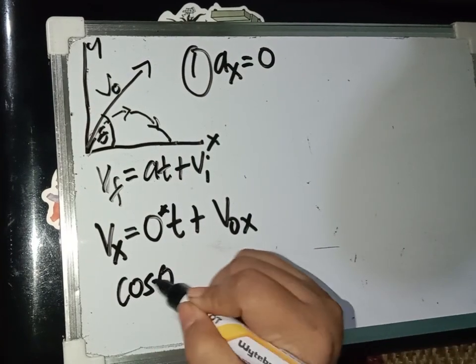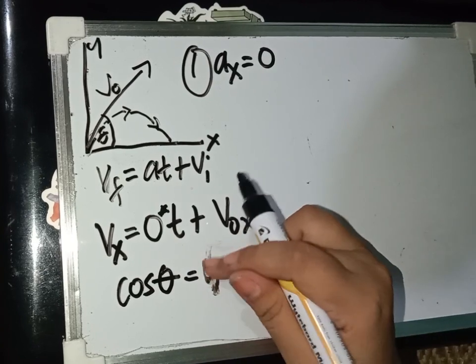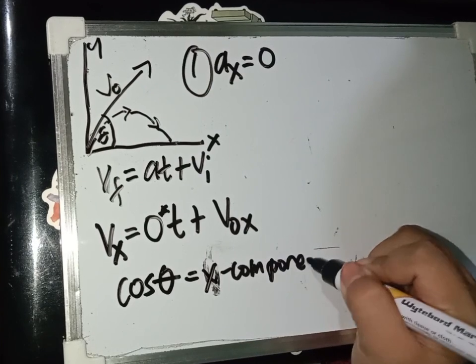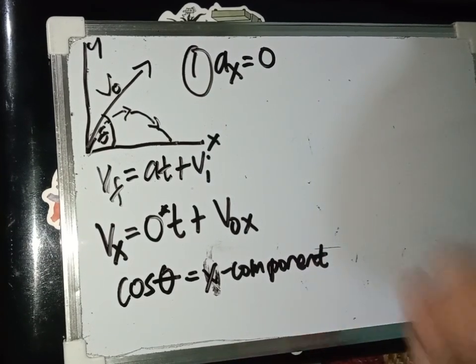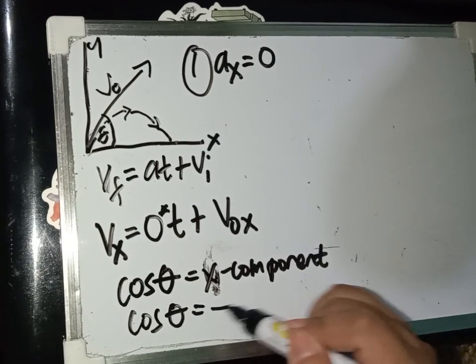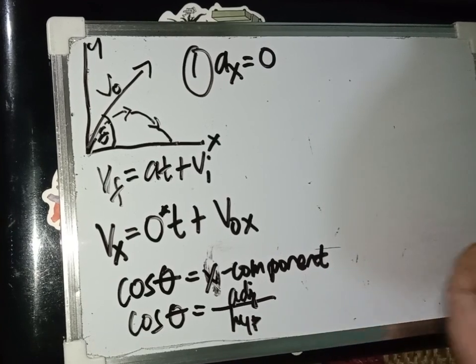The cosine theta is used if you want to find the x component of the vector. The cosine theta is equivalent to adjacent over hypotenuse.